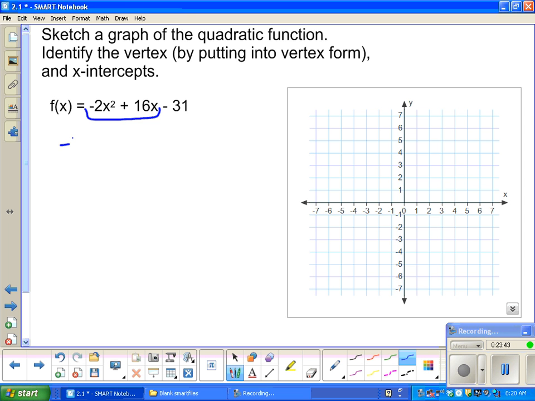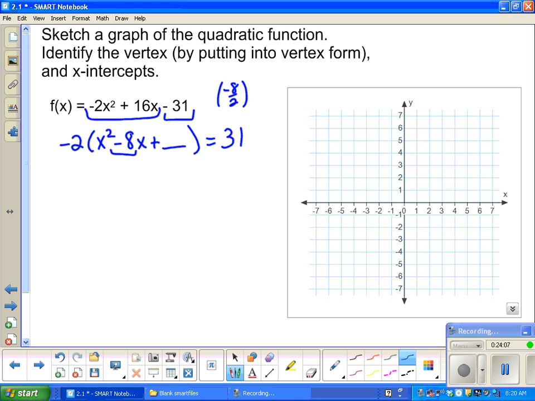When I factor out a negative 2, I end up with x squared minus 8x. And then it's going to equal 31. I move this to the other side.